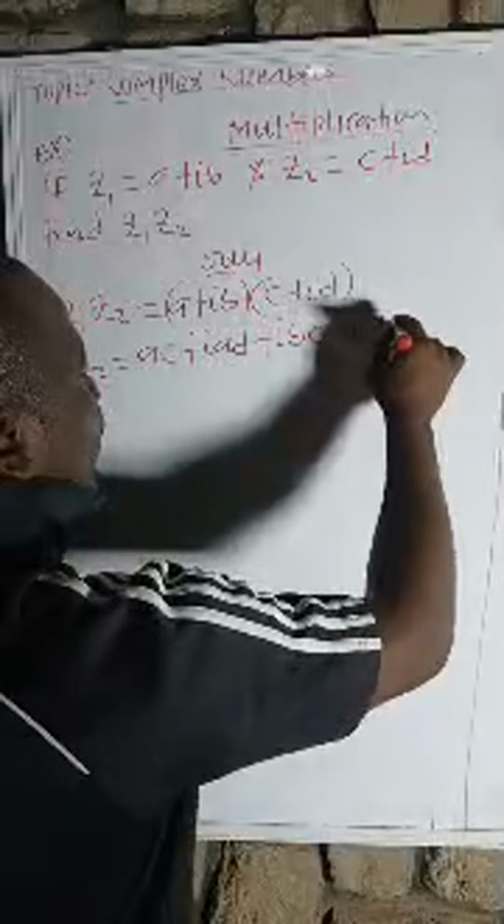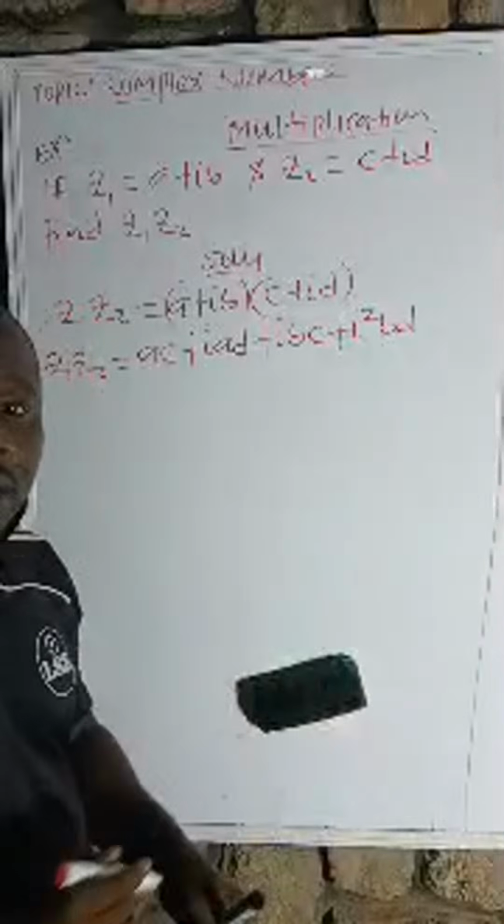Then use this imaginary part, which is ib, to multiply this bracket, c and id. So ib times c, we have ibc. Then i times i squared, b times d, we are going to have i squared bd.